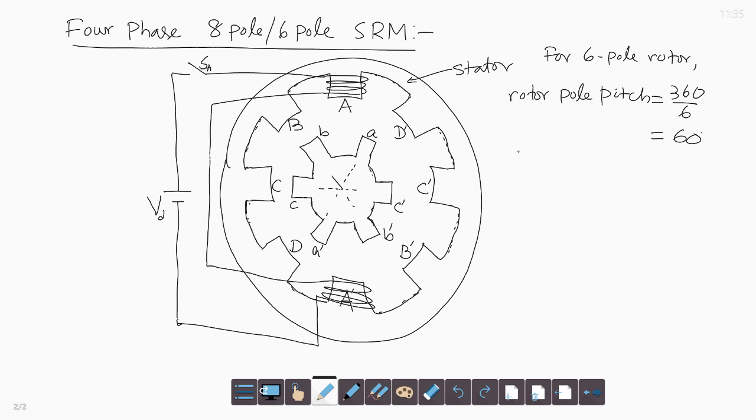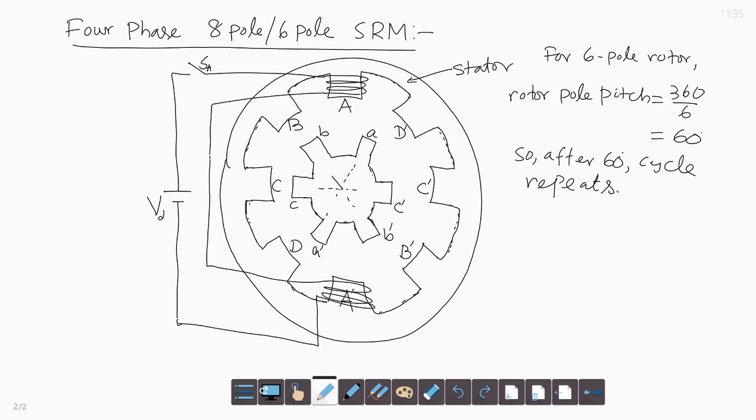So, after every 60 degree the cycle repeats, because the rotor pole pitch is 60 degree. After every 60 degree of omega t, the rotor position will be identical. So, after every 60 degree the cycle repeats.